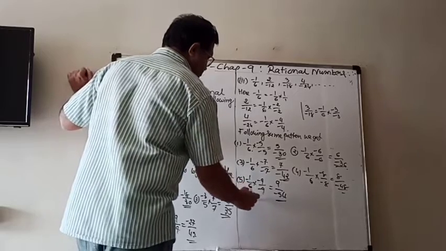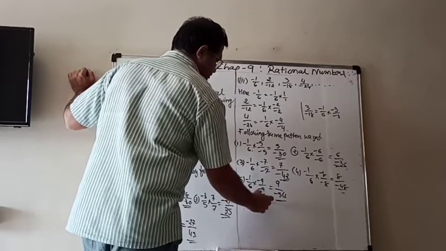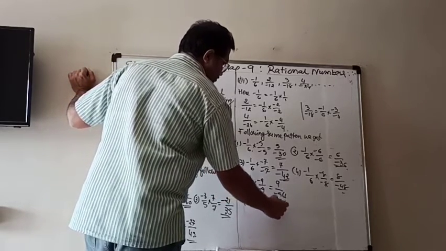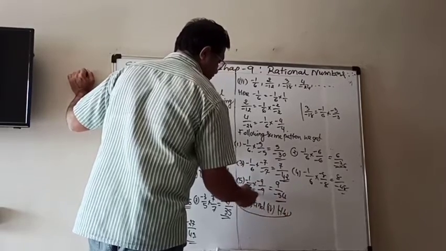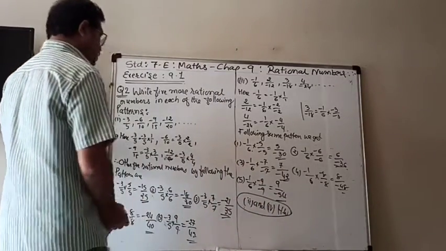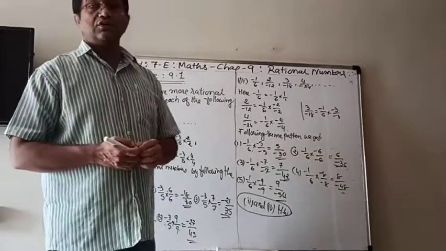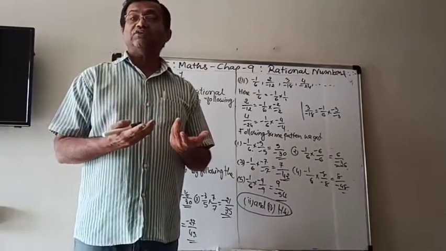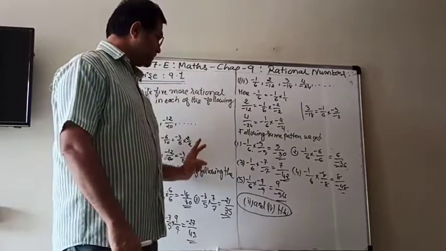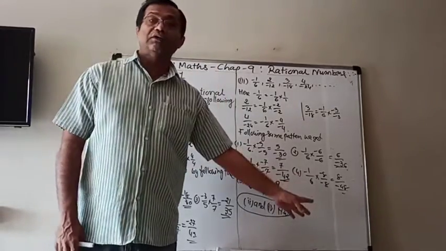So here also the second and fourth I will leave you for the homework because it is so obvious. So in the first question also I gave you, and in the second question also I gave you the second and fourth for the homework.